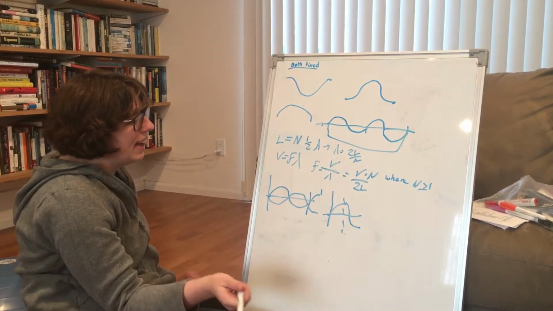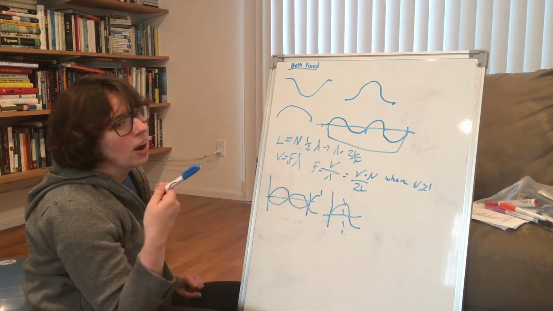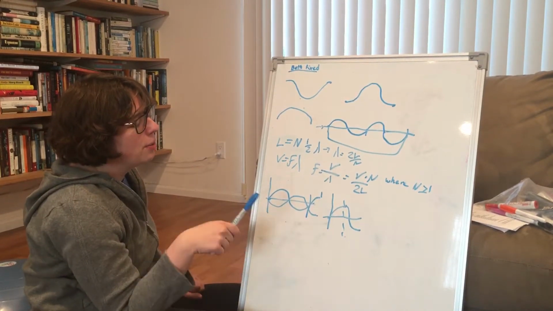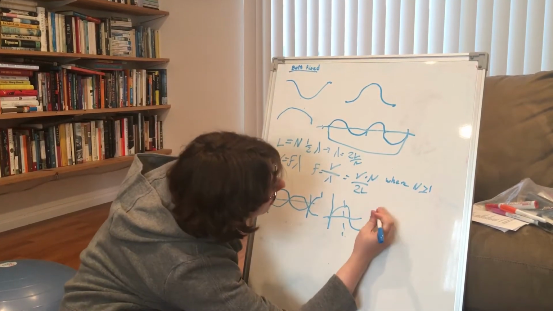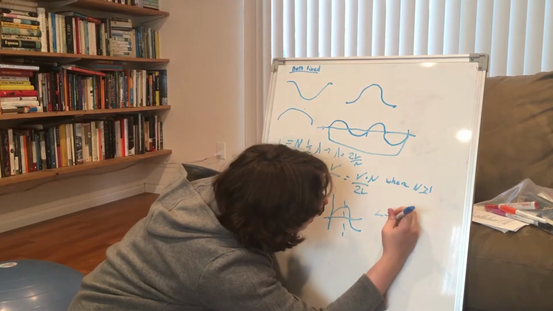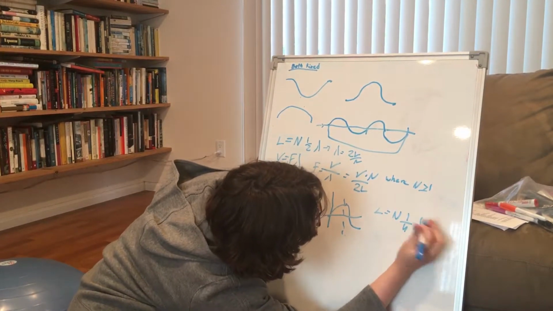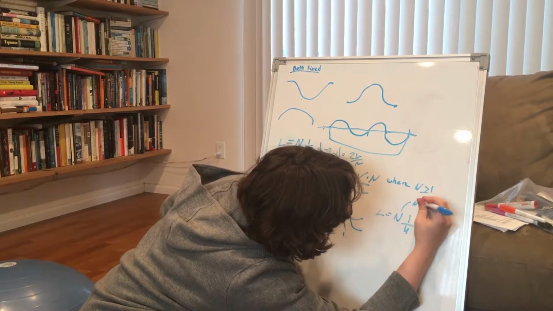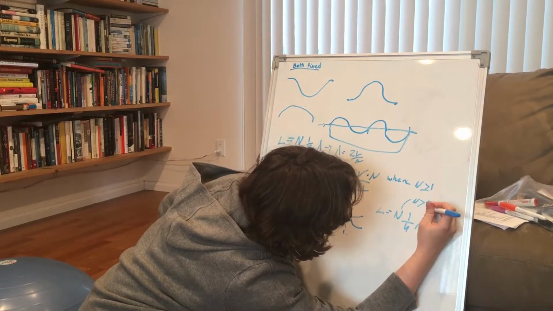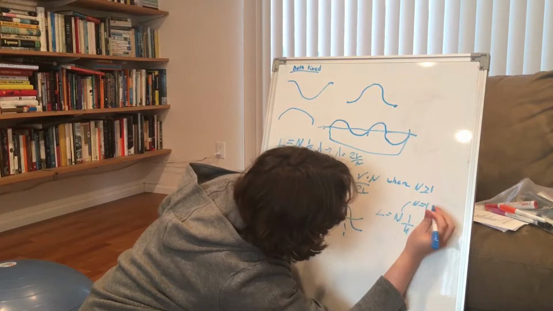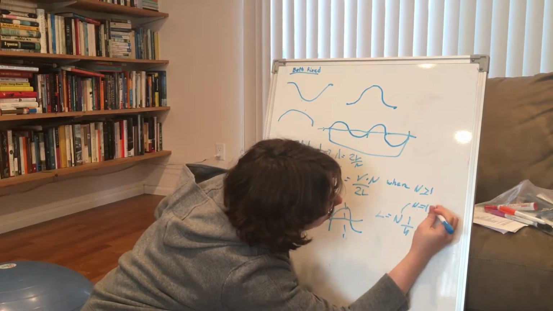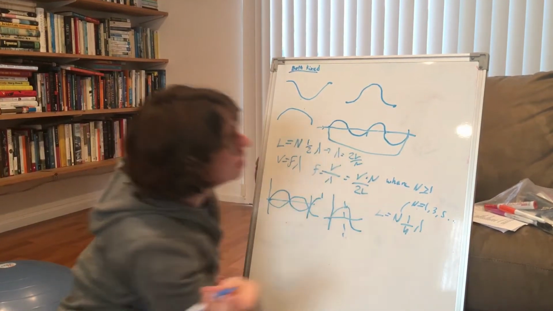So we get the odd number of quarter wavelengths that we're familiar with. So we can write that L has to equal n quarter wavelengths, where n equals 1, 3, 5, and so on.